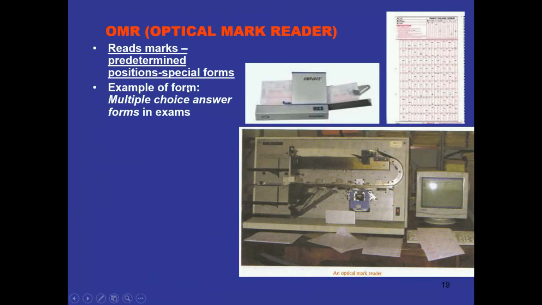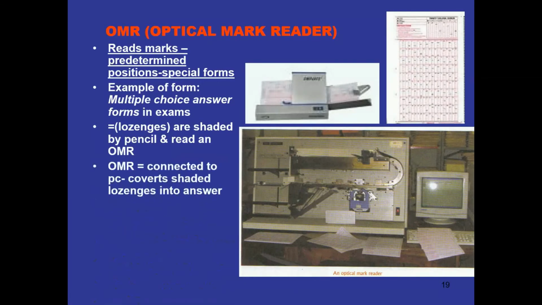Example of those forms, multiple choice answer forms that you do in your external examinations. Those equal signs or the small blocks or the circles that you have to color in, they are shaded with a pencil, you know that. And those are the parts that are read by the OMR machine.